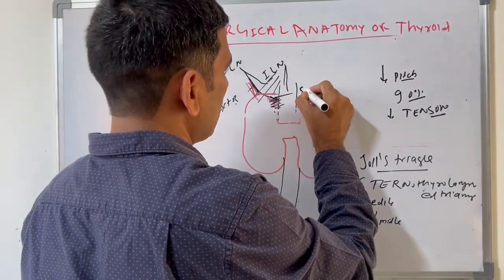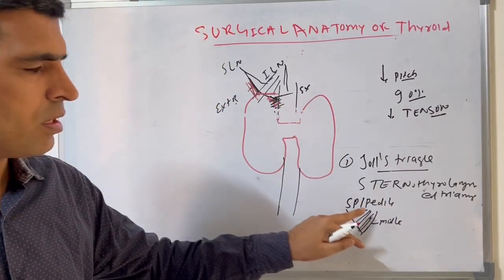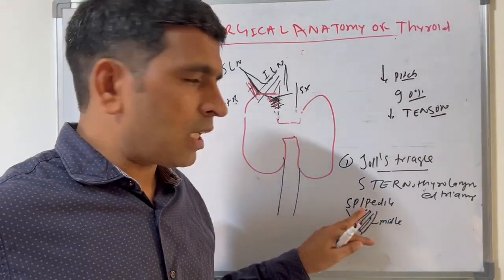So this is the external branch, inside this triangle.